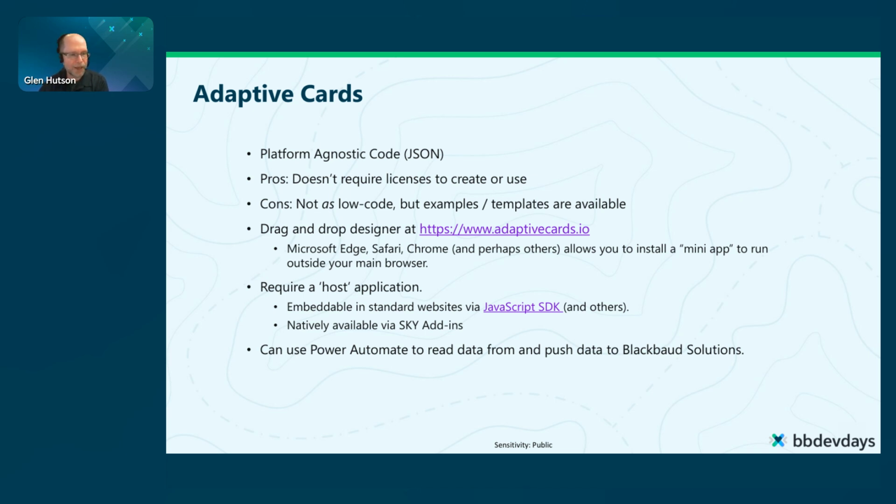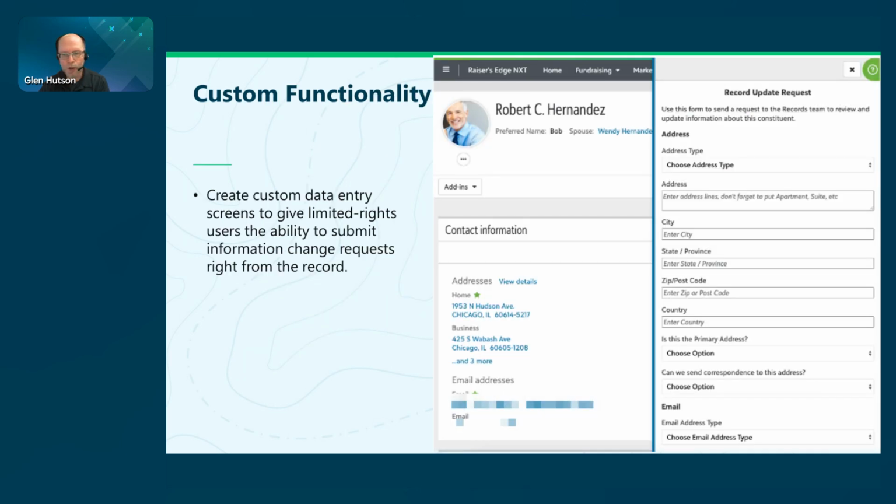So, hopping back to one of the other examples that Heather showed, starting tomorrow we'll be making a baby version of this record update request flyout. This is an example where we're using an adaptive card to show the information, to show the drop downs, and to fill in the blanks, and then Power Automate to push that information back to where it needs to go, whether it be an email directly into Razor's Edge or what have you.